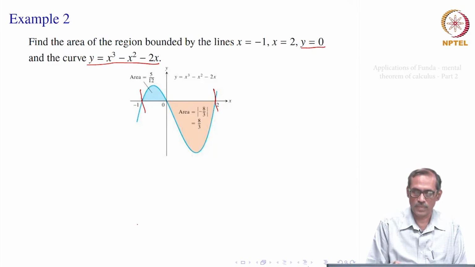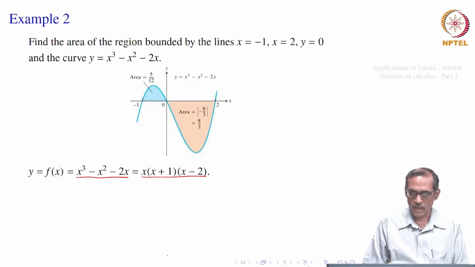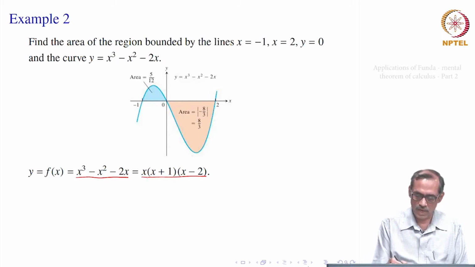We can factorize x cubed minus x square minus 2x, take x as common, and you get x square minus x minus 2, times x. So, this is the correct factorization. Now, x you can take out whether it is positive or negative.